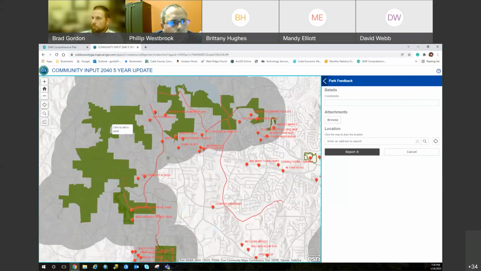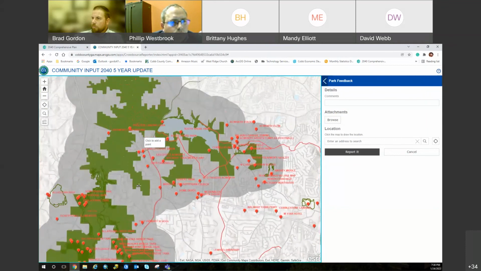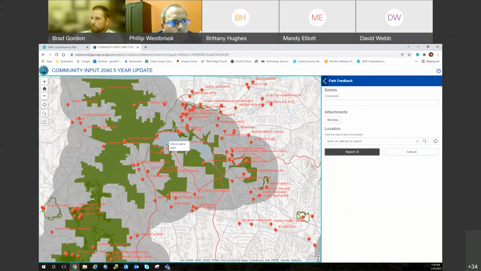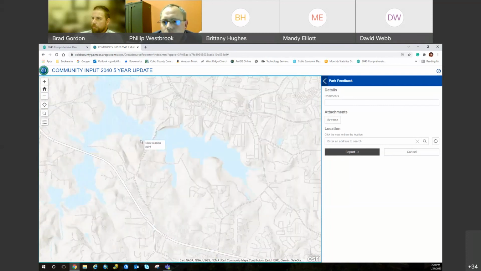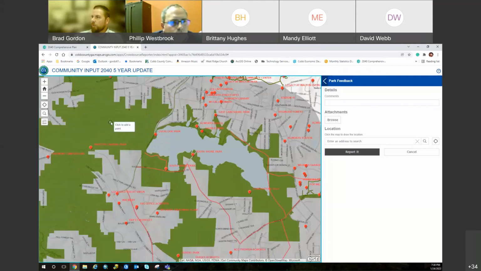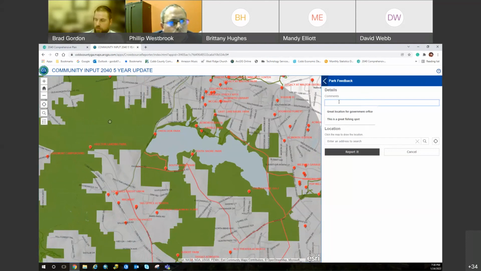So go up here, and we will click a point. We're in the middle of a lake, Lake Altoona. And I've already tested this one out, so great fishing spot.